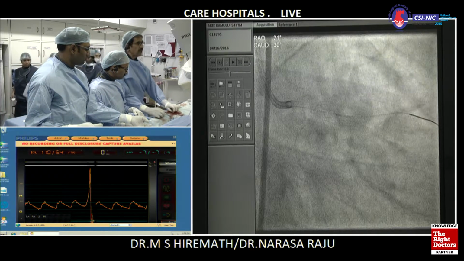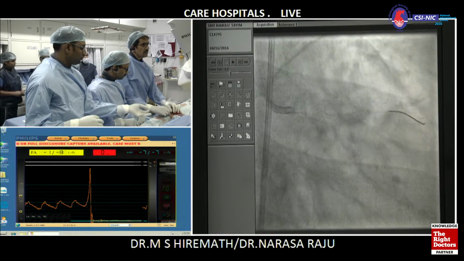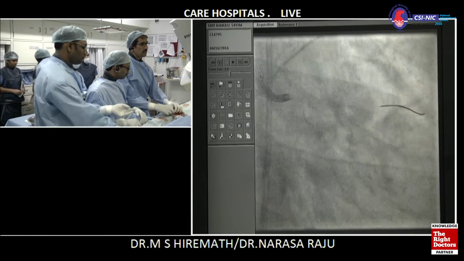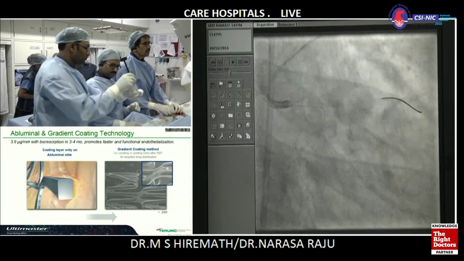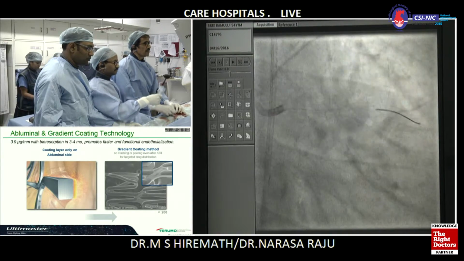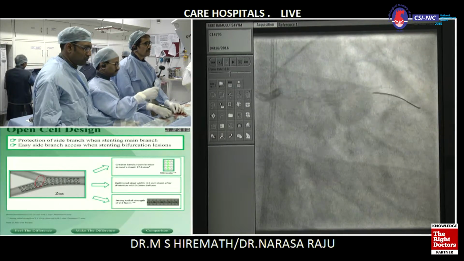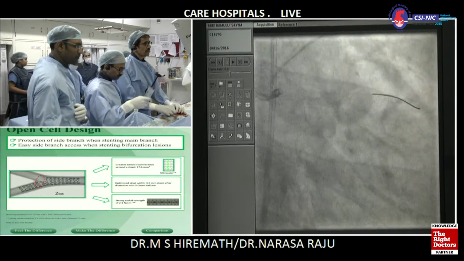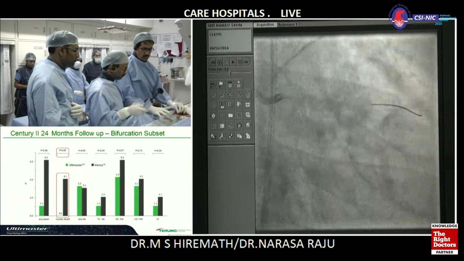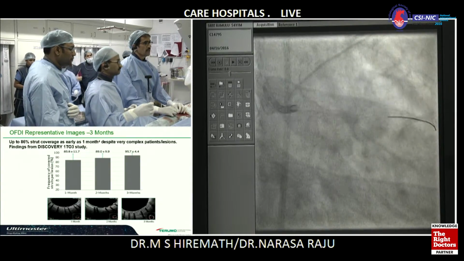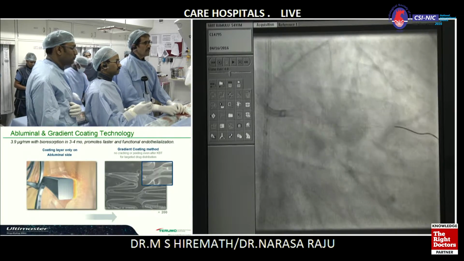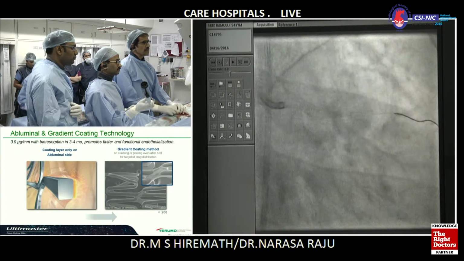We very rarely do it, whenever a big balloon diameter is not available. A 4.0 compliant balloon may help. A compliant balloon can increase and swell in size, but a compliant balloon is not good for post-dilatation. Radial force is not good. So we are taking a non-compliant balloon, but if the IVUS still shows that you're not there.